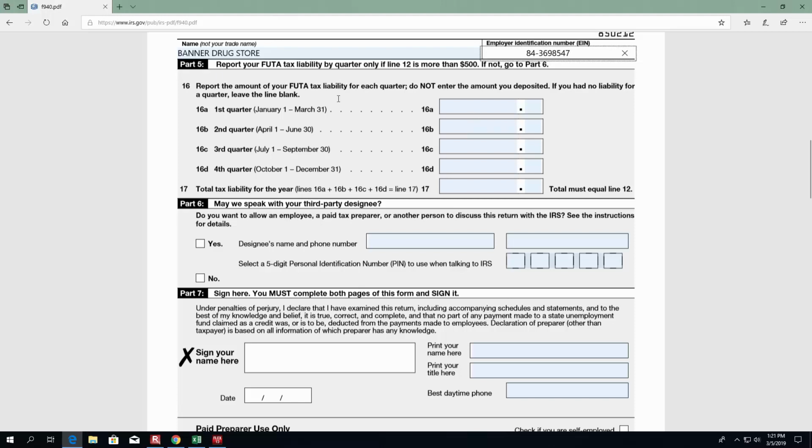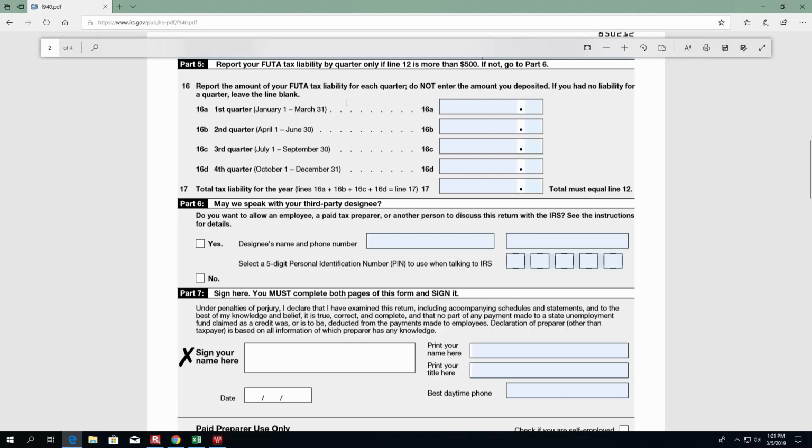Now, here's the whole reason we did that. Part 5. Read the little text there. Tell me if you're going to have an entry. Do we have to put anything in there?